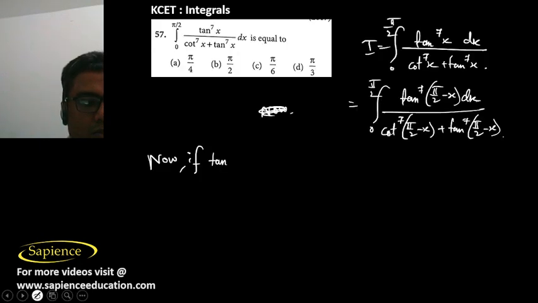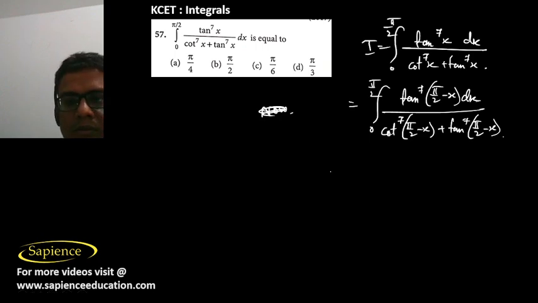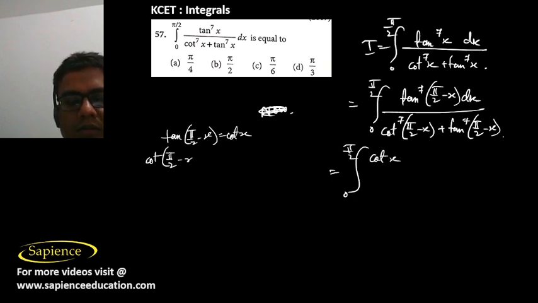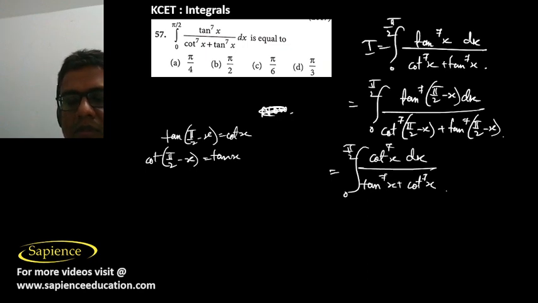So this will be equal to integral 0 to pi by 2, where tan of (pi by 2 minus x) is cot x, and cot of (pi by 2 minus x) is tan x. This we can write as cot power 7x dx by tan power 7x plus cot power 7x.